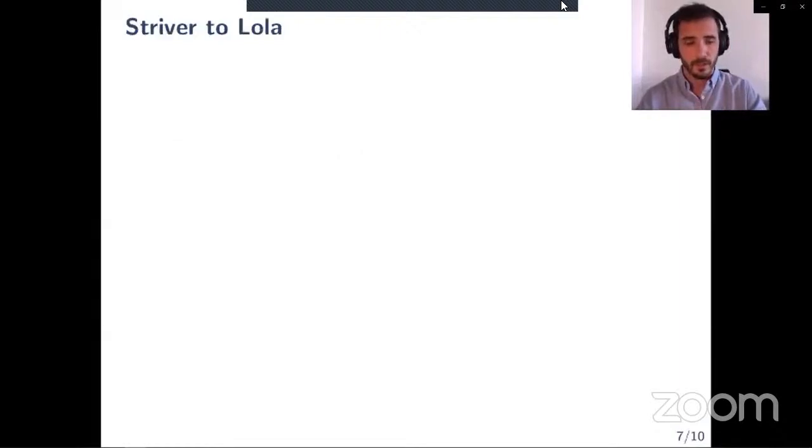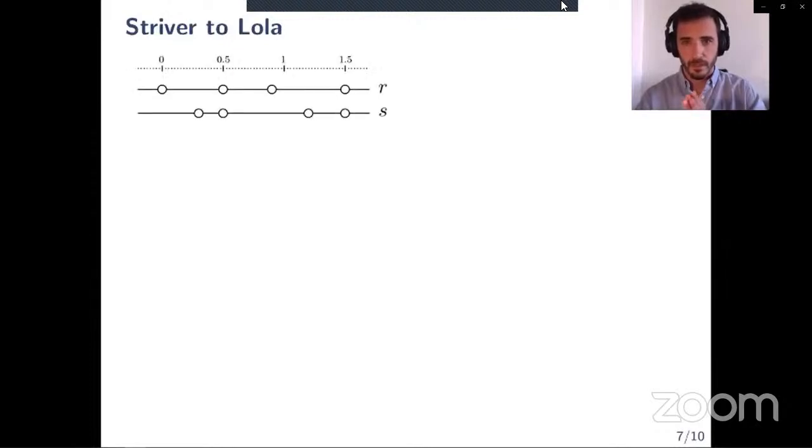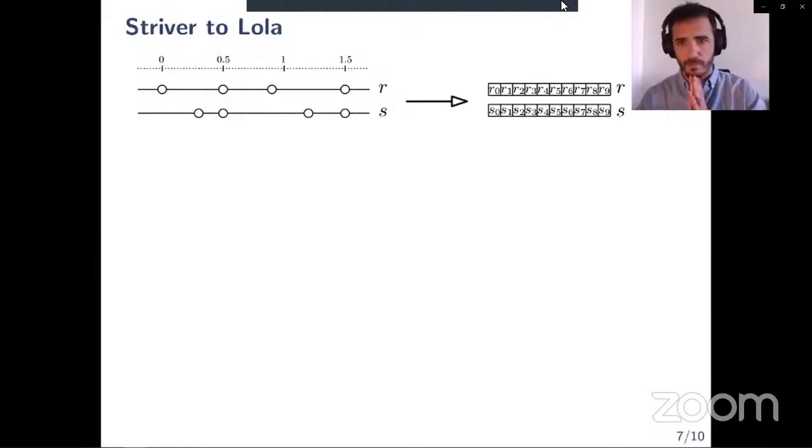Now, to translate from Striver to Lola, there's something else, because we know that we will end up with two streams R and S with some values, but we also need to capture the timestamps of the events, of the asynchronous events.